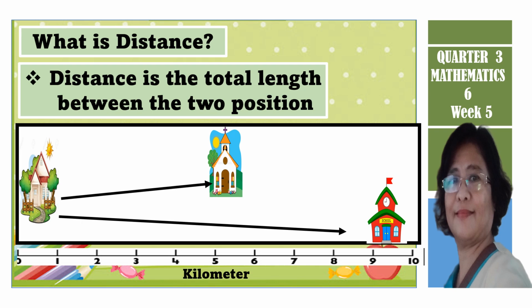Express your answer in kilometers. How many kilometers between the house and the church? Very good. It is 5 kilometers. What about the distance between the house and the school? Yes, you are right. It measures 9 kilometers from the house to the school.